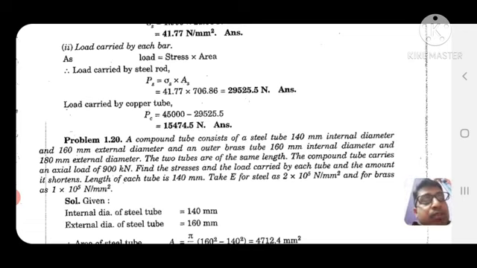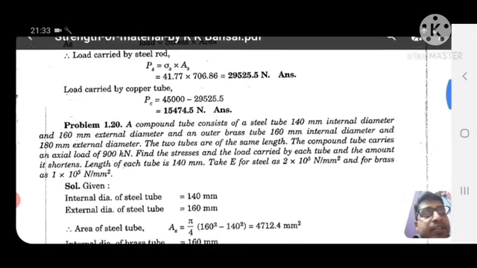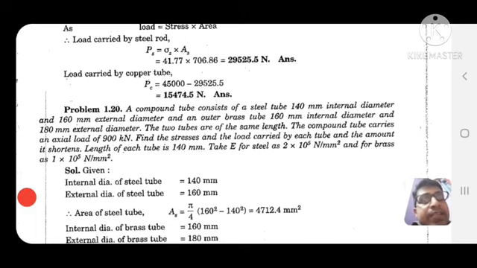So 41.77 if you calculate, multiplied by 706.86, equal to 29525.5 Newton. Okay. So the load carried by the copper tube PC is equal to 45,000 minus 29525.5. So that is equal to 15474.5 Newton.